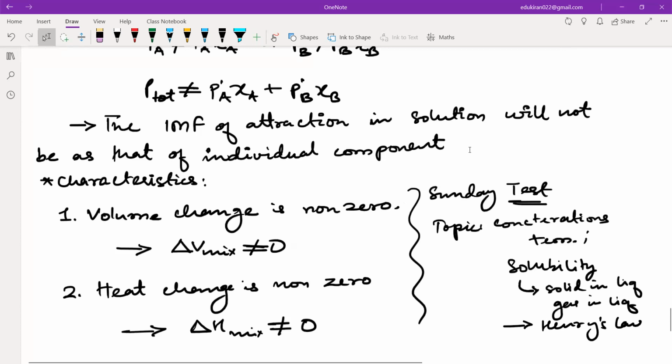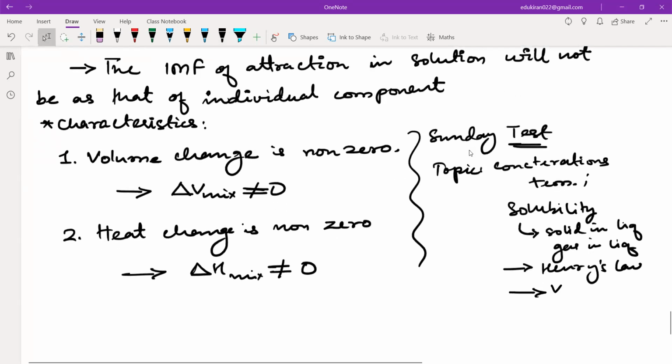Henry's law will be there, and then I will ask you about vapor pressure. Simple vapor pressure. Okay, Raoult's law will not be there because I will be asking about Raoult's law, ideal solution and non-ideal solution together, in one package. So your test will go up to vapor pressure.